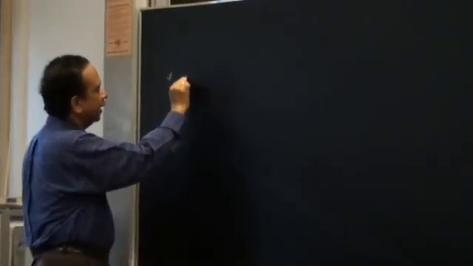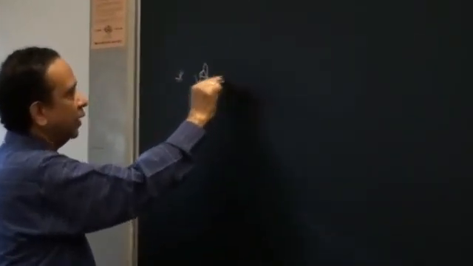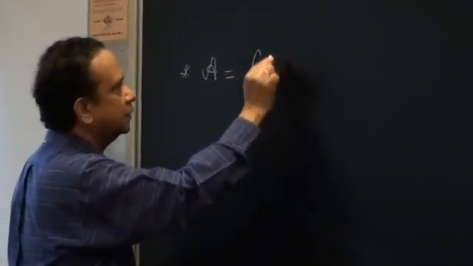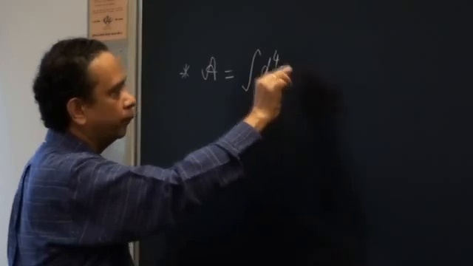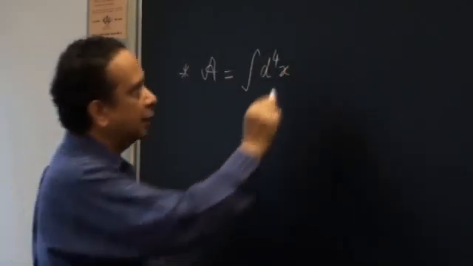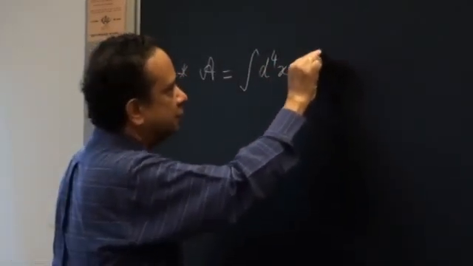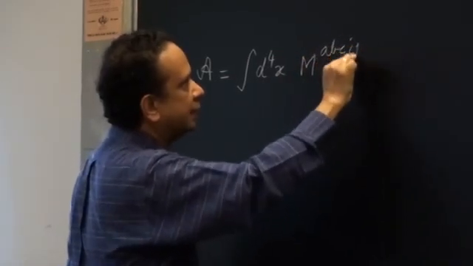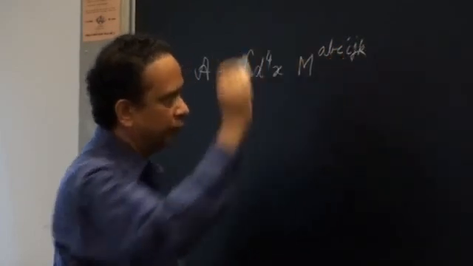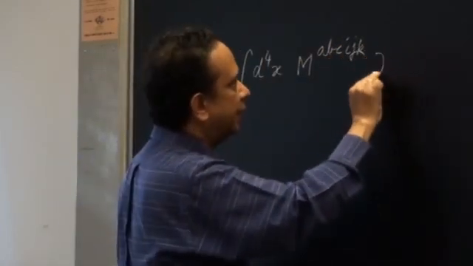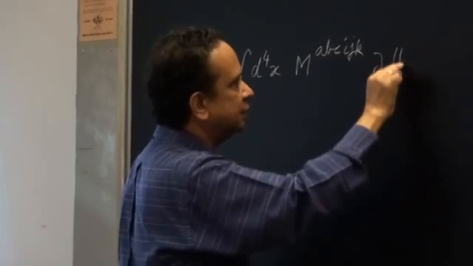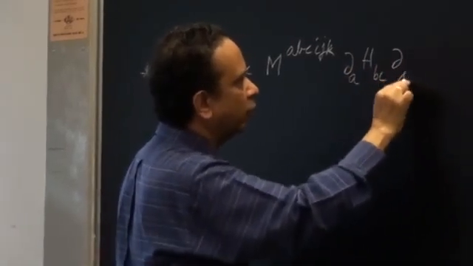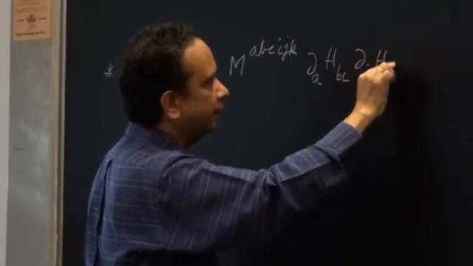So I want to think of an action, except for constants again, an integral over d4x, with more indices now, so it is epsilon m, abc, ijk, d_a of h_bc contracted with d_i of h_j.